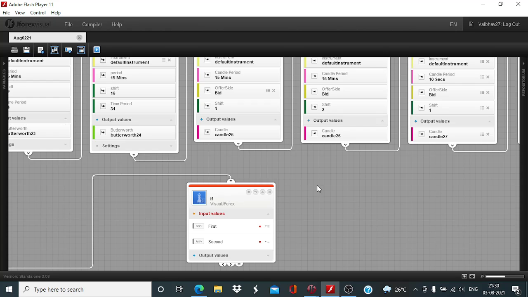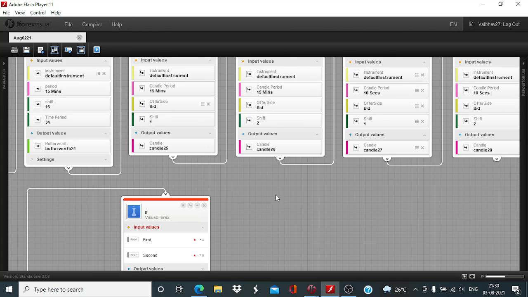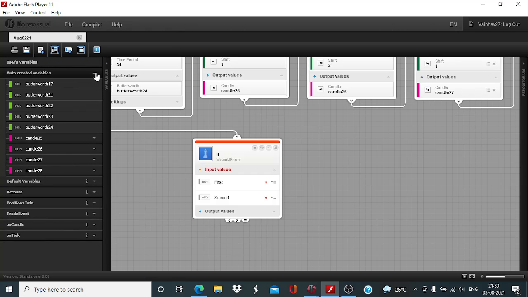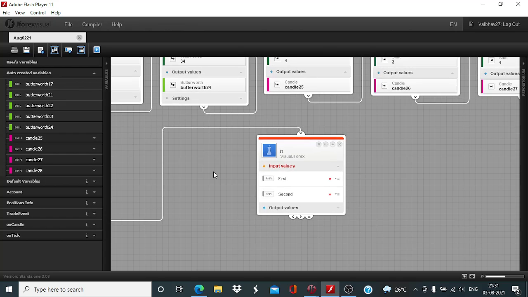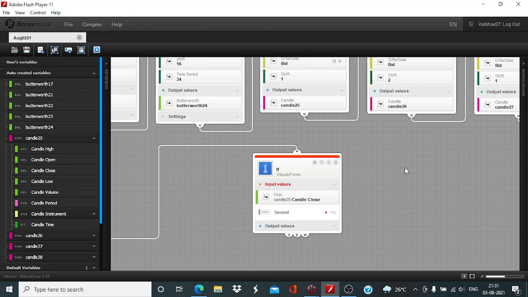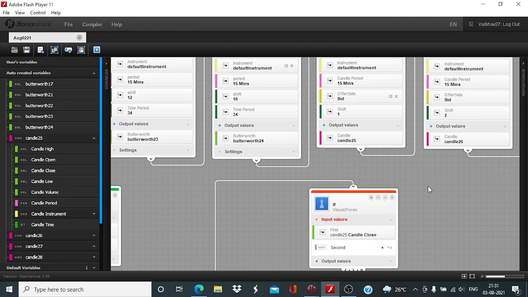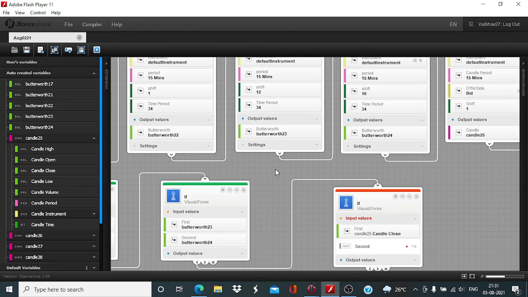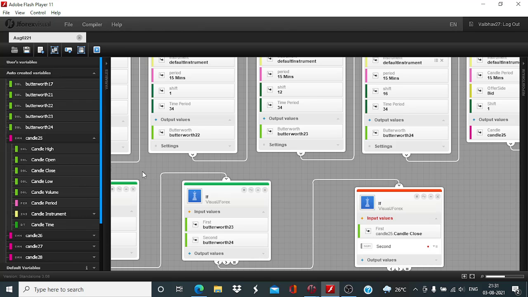The last 15-minute candle should have closed higher, so we need candle 25th candle close higher compared to the Butterworth output for the last 15 minutes.